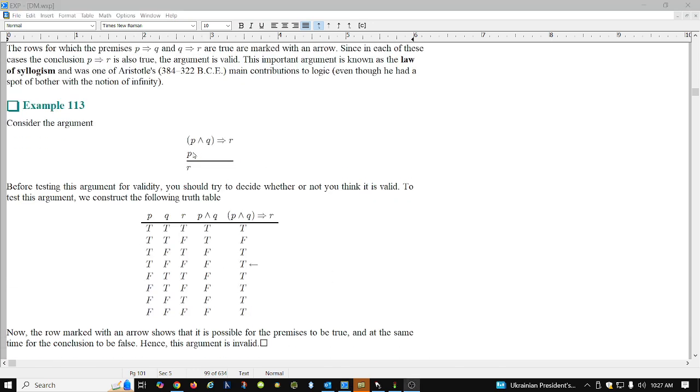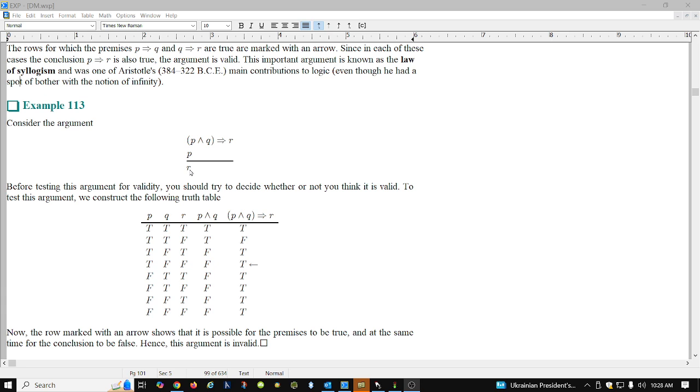Next, P and Q implies R, P therefore R. Now, it again is worth pausing here to think about whether you believe this argument to be valid or invalid.